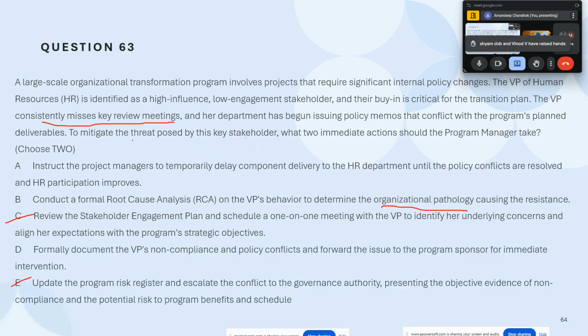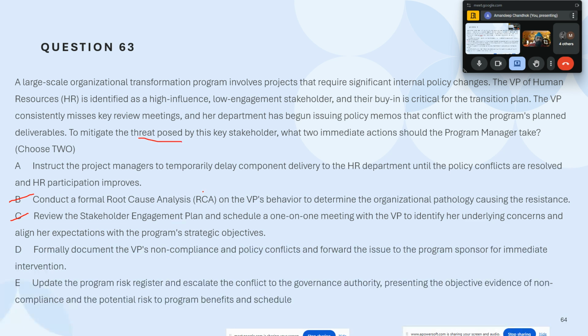The second thing is that because of that engagement issue, we also have a threat, a risk that has come in. So we have to look into both of these. Now, think in this perspective. The answer that we were looking at earlier, B and C. Let's look through that for a minute. When you look into B and C, does it address the threat?